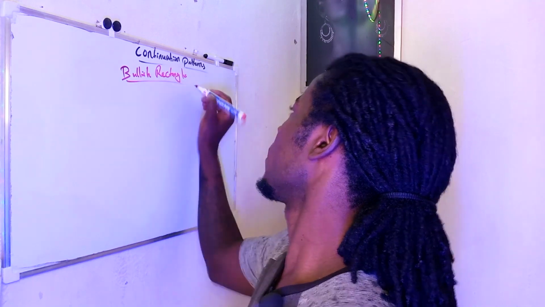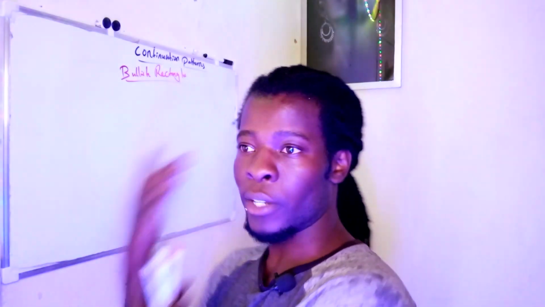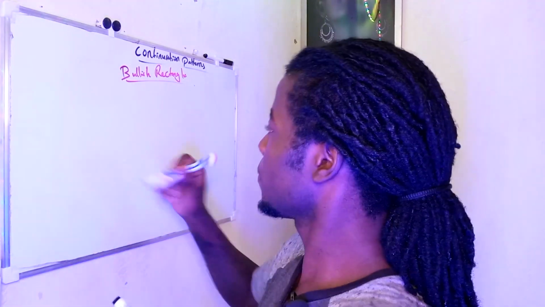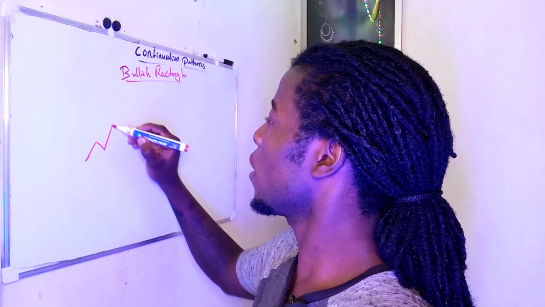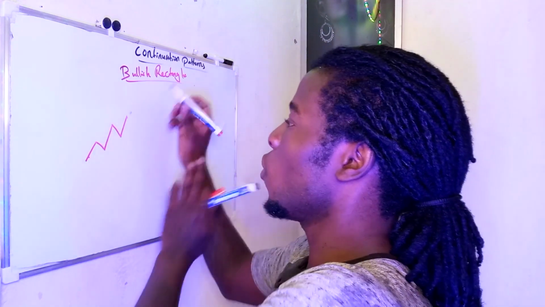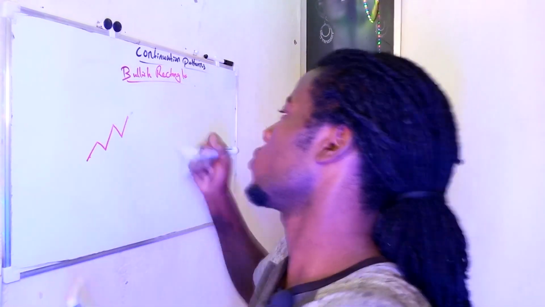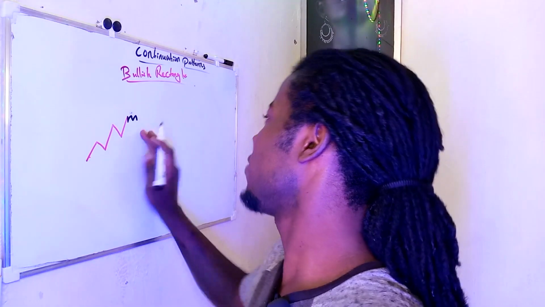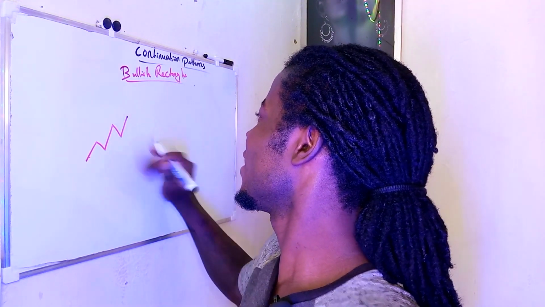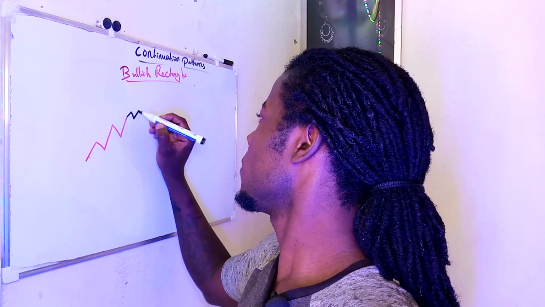The bullish rectangle is just another continuation of the bullish trend. The market was in an uptrend, high, low, high, low, high. Now instead of the market going up, it starts consolidating. The market now starts doing this.